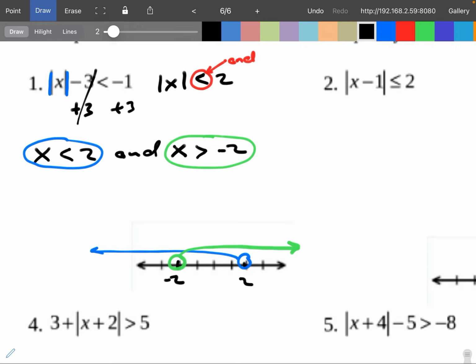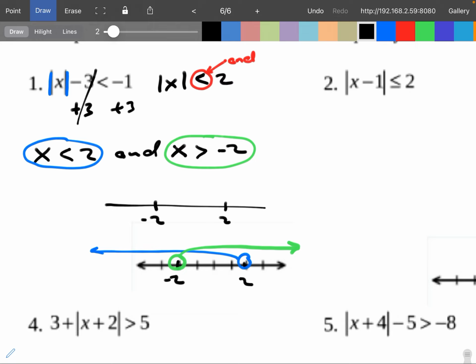It's in between the two. What do you guys got? Where's the part that's blue and green? In between the -2 and the 2, right? So that's going to be our solution, is the part that's double shaded.